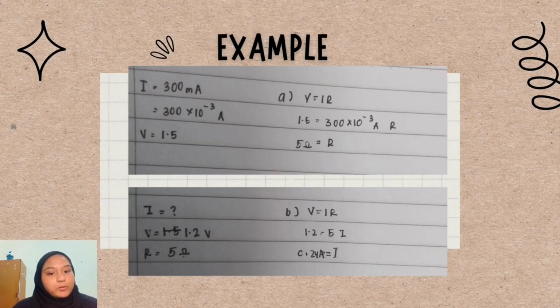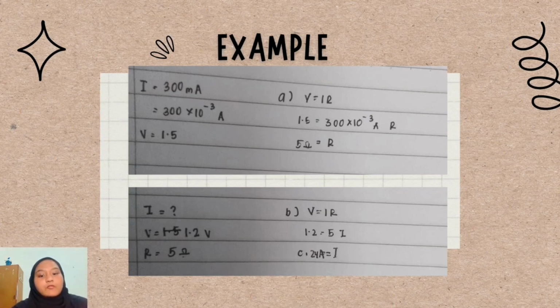V, 1.5, equals I, which is 300 multiplied by 10 to the power of negative 3, multiplied with R. To get R, we need to divide 1.5 with 300 times 10 to the power of negative 3. As a result, we will get R equals 5 ohm.